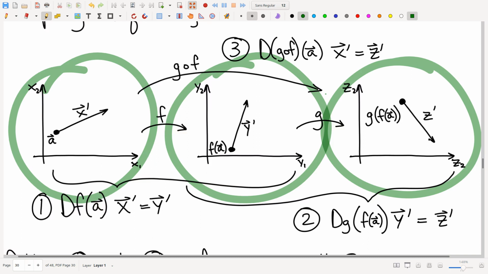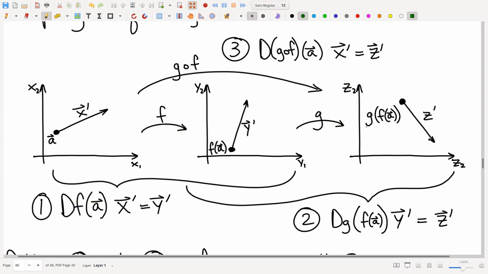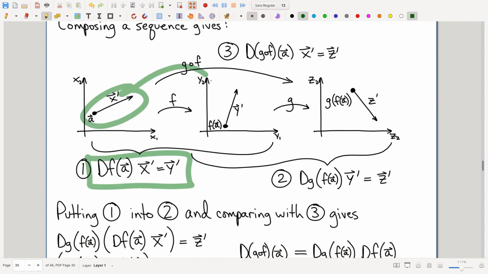But notice that two-dimensionality of these pictures doesn't manifest itself at all in the algebra, right? This equation here is true for how we turn input velocities into output velocities, no matter what the dimensions are. So the dimensions can be whatever you want.